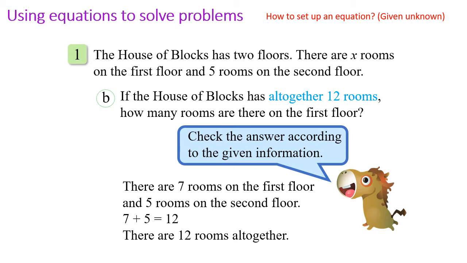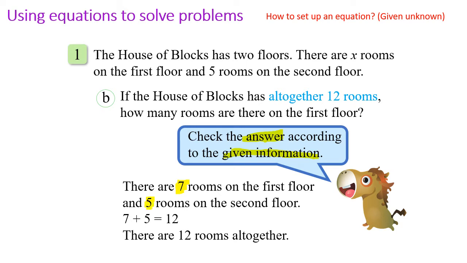For the second part, after you finish the calculation, you have to check your answer according to the information that you get from question 1a and b. You know that there are 7 rooms on the first floor and 5 rooms on the second floor.